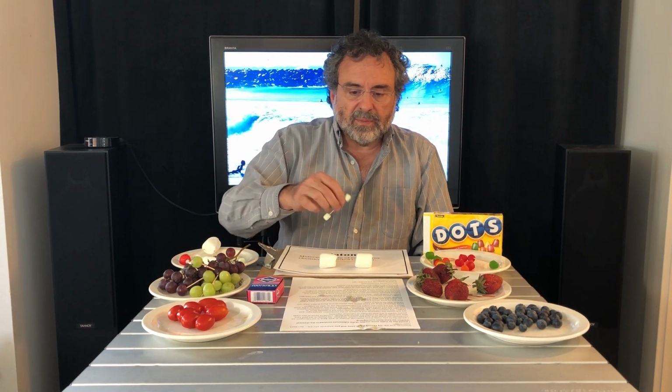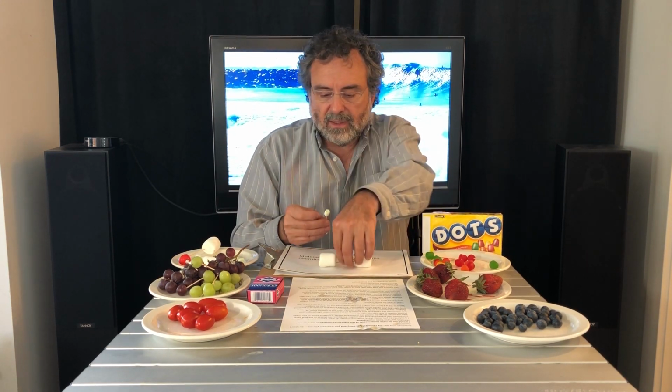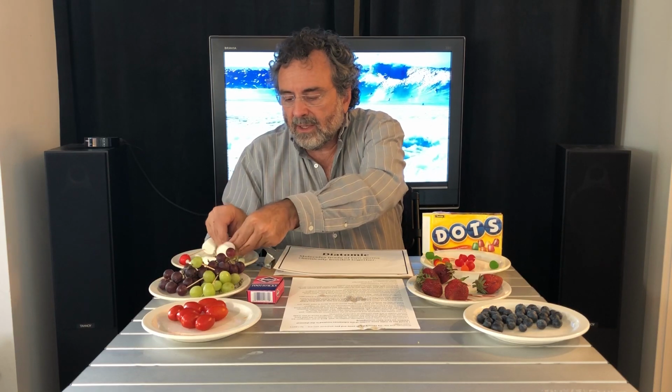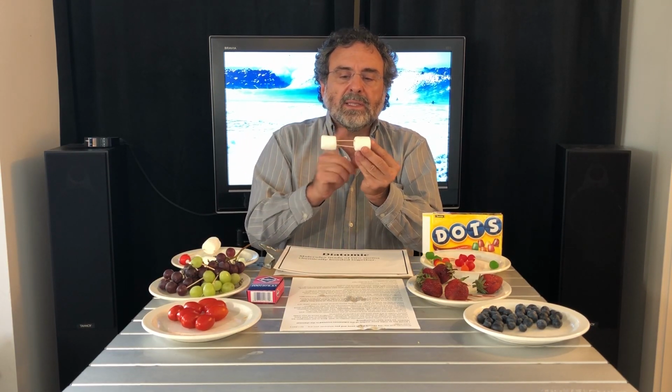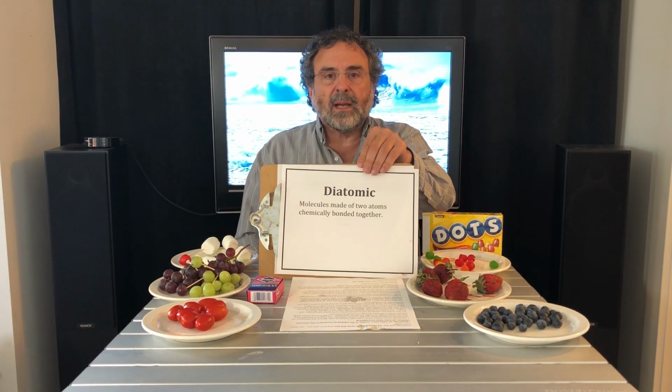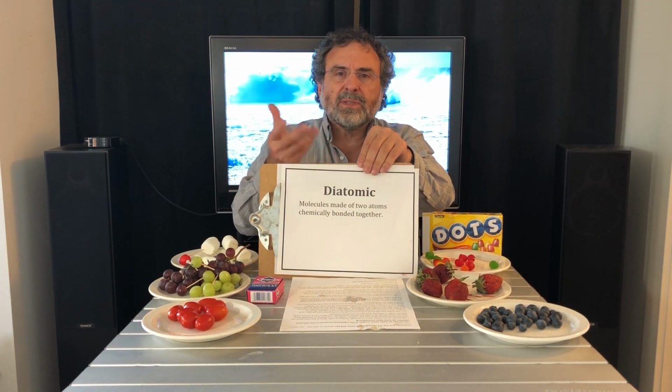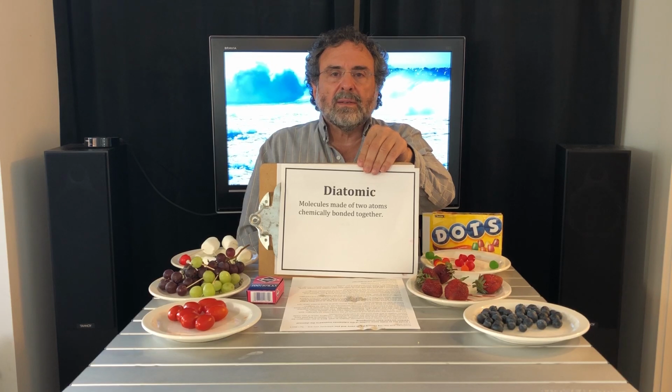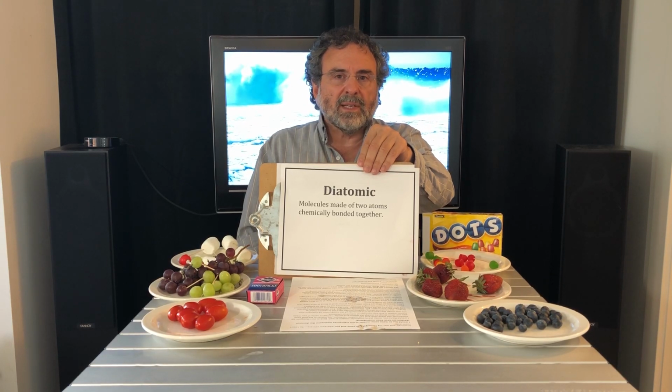There is something unique about these 2 in that there are only 2 atoms bonded together. In this case, it's the same type. And we have a term for these, and it's called diatomic. I've also posted this for you so you can look up the definition.